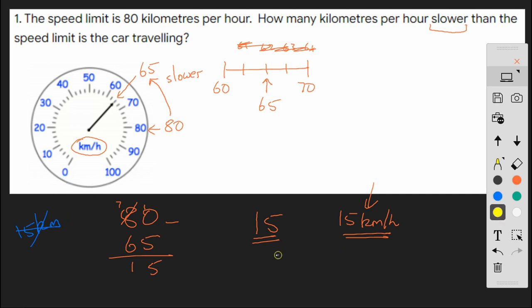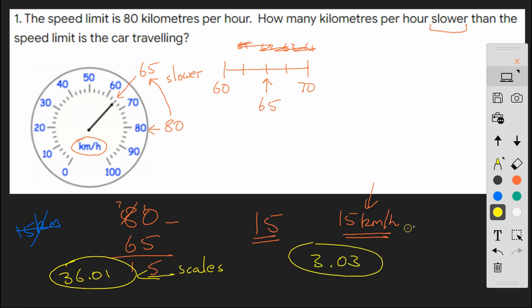So a couple of nuggets here to try. If you want to practice reading scales with funny divisions like that, then that's a good one to try. Also, some more worded questions like this, nugget 3.03.